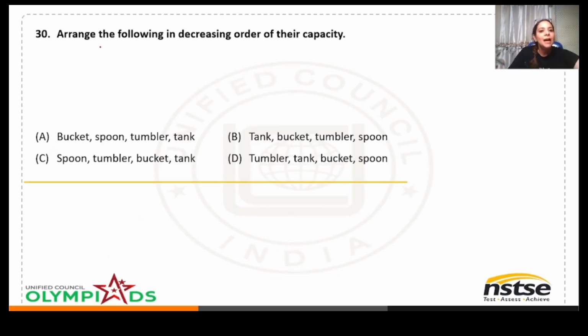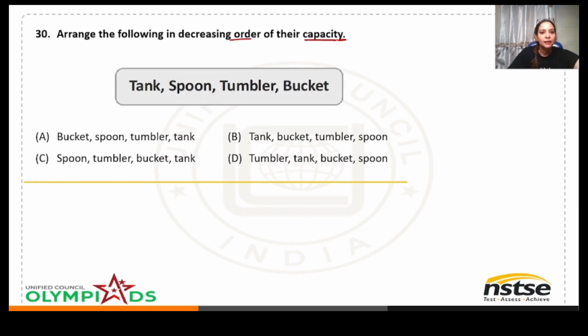Next question. Arrange the following in decreasing order of their capacity. We have tank, spoon, tumbler and bucket. So what is a tank? A big space holding something. Spoon, we all make use of a spoon, it is something like this. Tumbler, let's say this, and bucket is something like this.